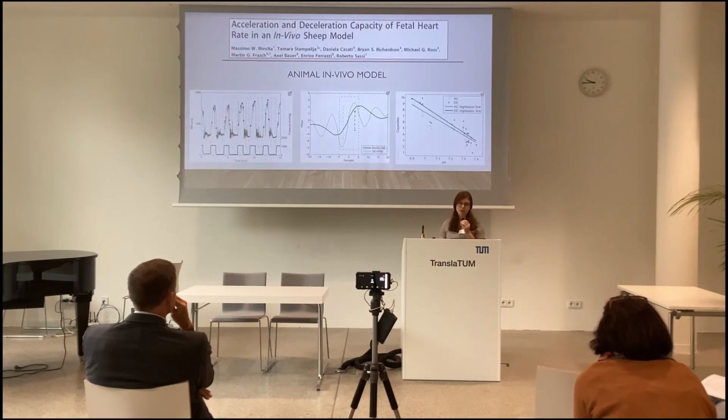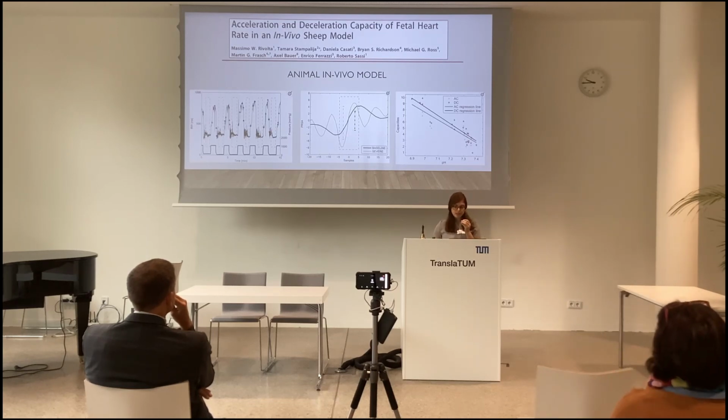Okay, so in 2014, probably we were one of the few groups that applied this technique to the fetal heart rate, collected from an animal model that was provided to us by the Martin Frasch group, and the model was based on, as you saw before, a fetal sheep which underwent a strict protocol of umbilical cord occlusion to mimic what happens during labor due to uterine contraction.